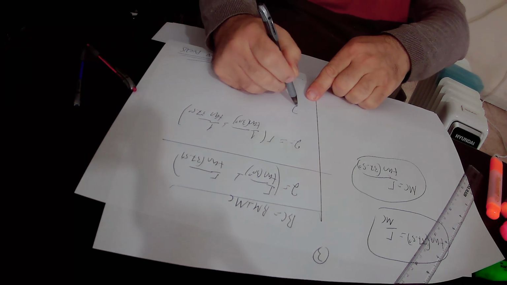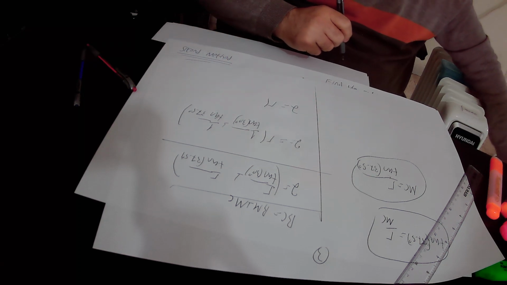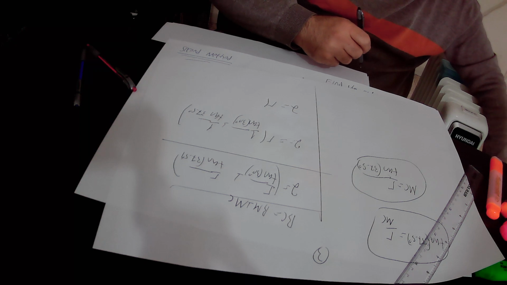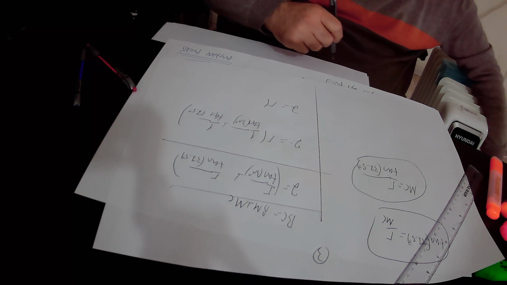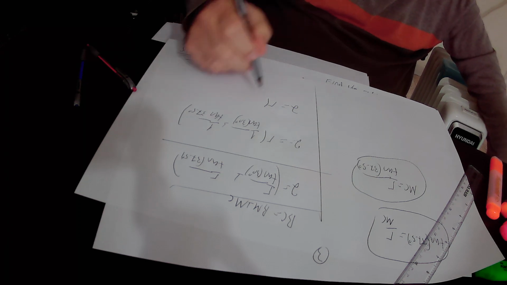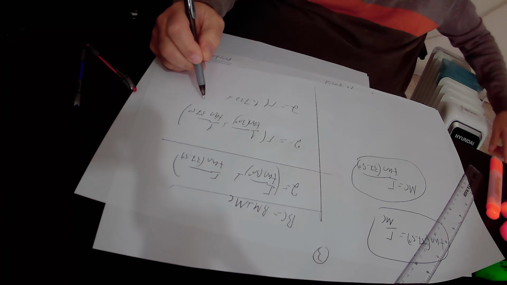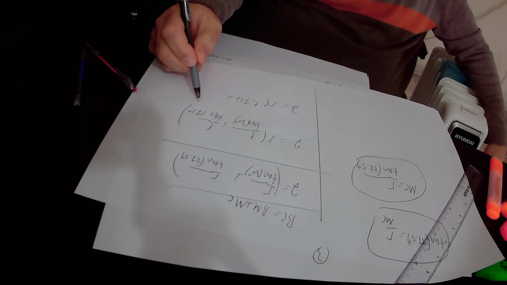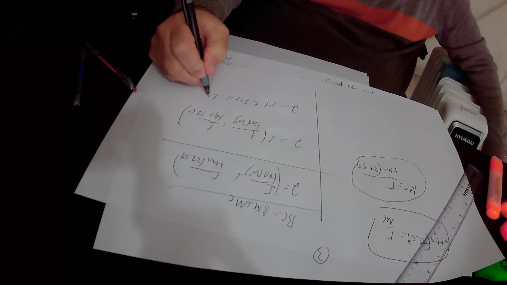So we found out that 2 equals R times (1 over tangent 30 degrees, which equals 1.732, plus 1 over tangent 37.5 degrees, which equals 1.3032).